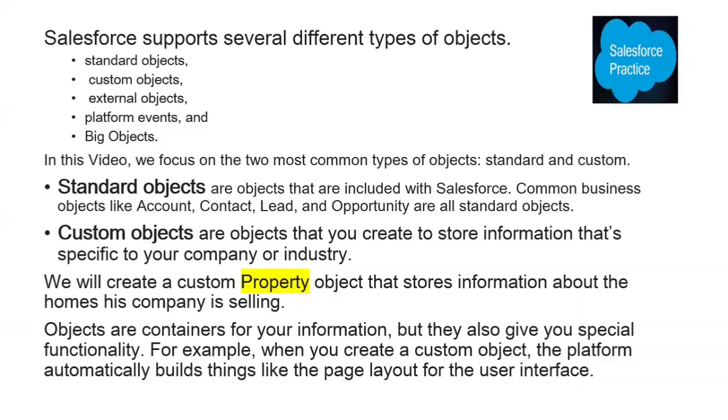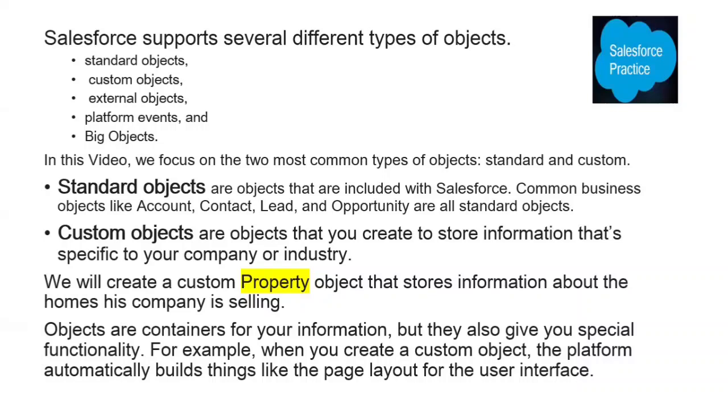We will create a custom object by the name of property that will store information about the homes this company is selling. Objects are containers for your information, but they also give you specific functionality. For example, when you create a custom object, the platform automatically builds things like the page layout or the user interface.